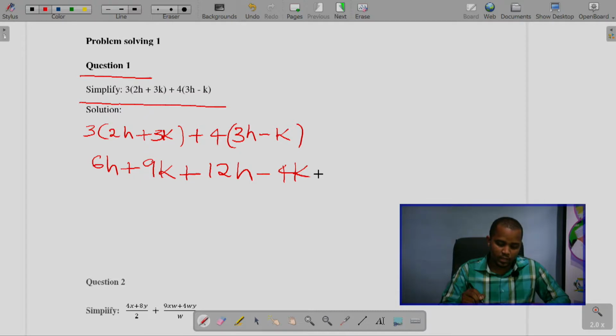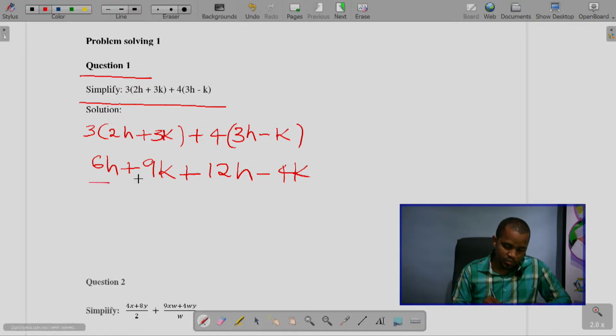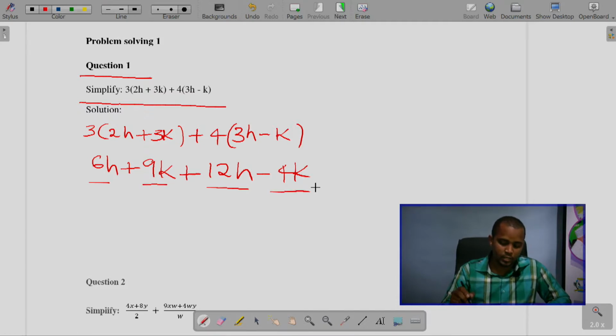Now the third step is to group together the like terms. For example, like terms from this expression are 6h and 12h, and also 9k and minus 4k.